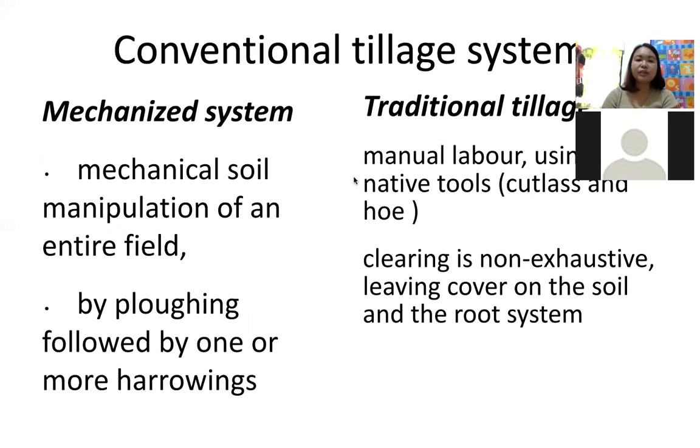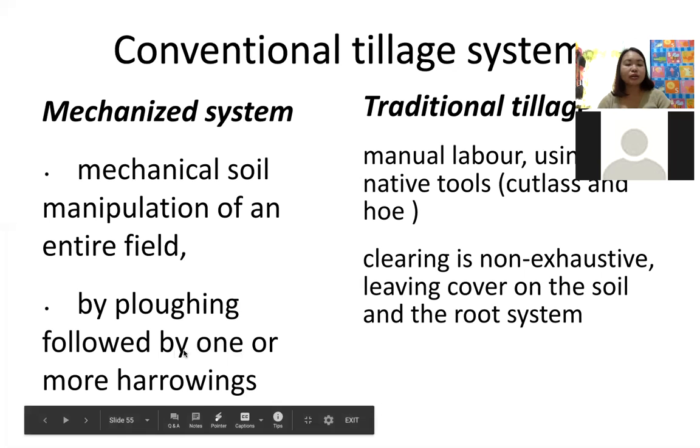So the conventional tillage system can be mechanized, as I've said, or traditional. So what is the difference between the two? Mechanized means mechanical soil manipulation of an entire field, versus manual labor using native tools like cutlass and hoe. For the mechanized system, you plow and also harrow, one or more times.